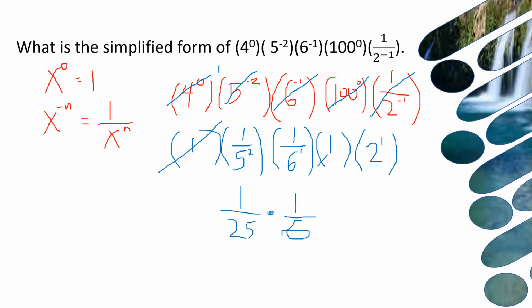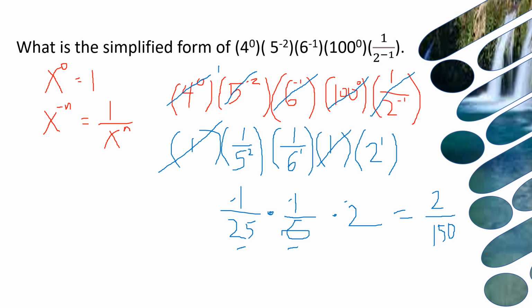We can just cancel out 1 multiplied by 2 raised to 1, or simply write 2. So this is 1 times 1 times 2, that's 2, all over 25 times 6, that is 150.